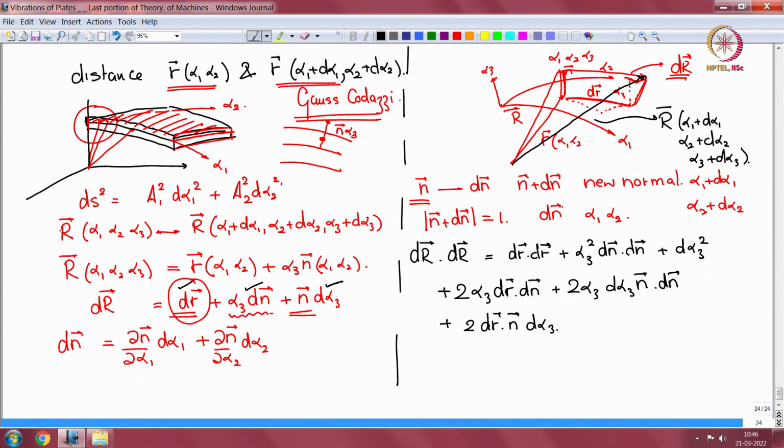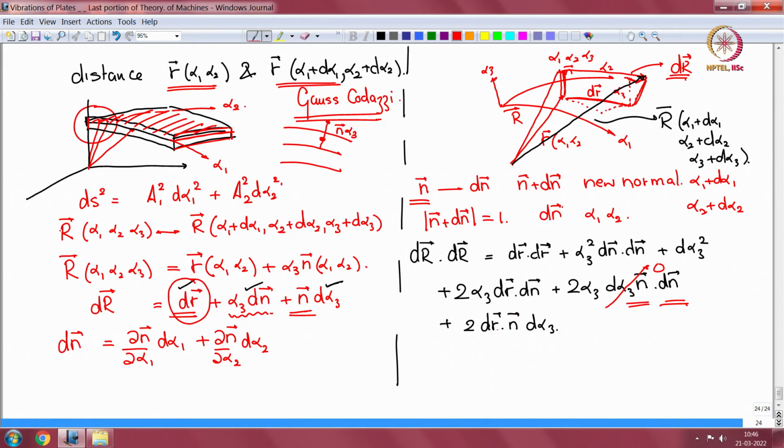Okay. Now we know that n and dn will be perpendicular to each other. Okay. A change on the unit normal and the original unit normal. So, this is perpendicular to each other, so this goes to 0.